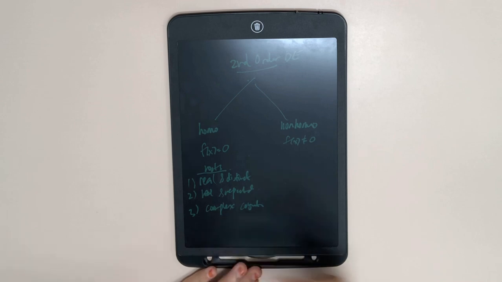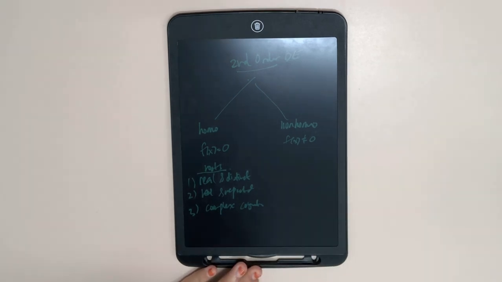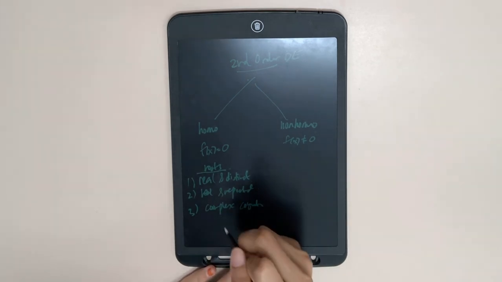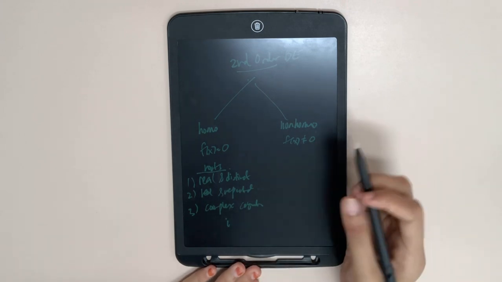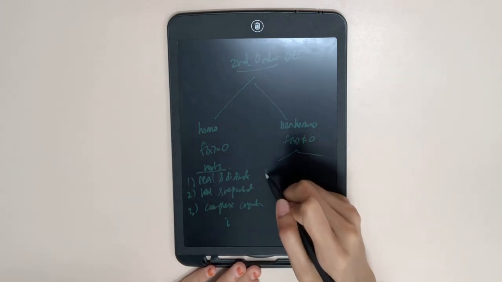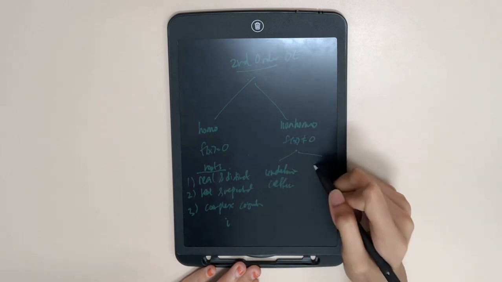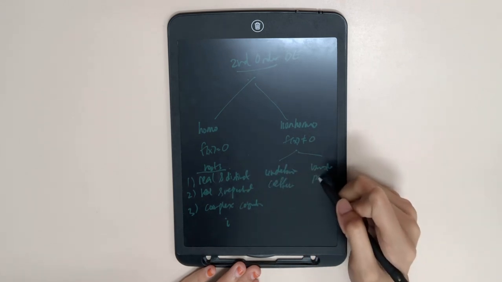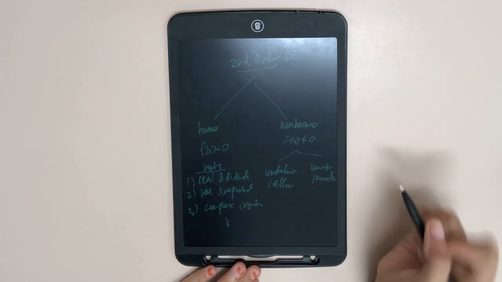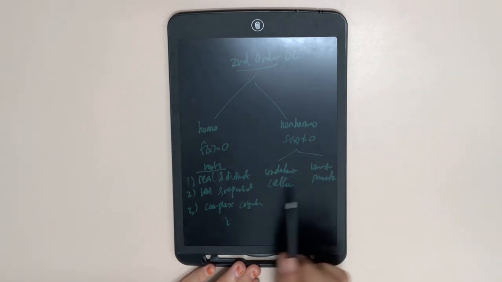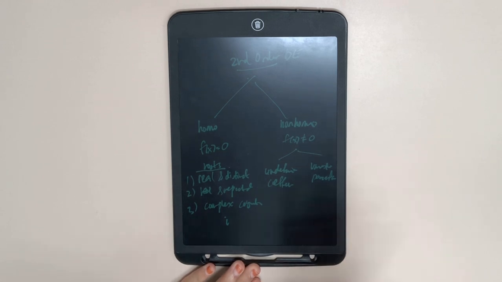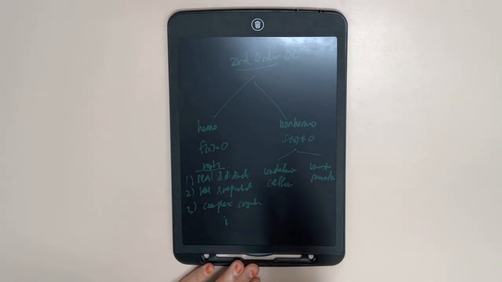The last one is complex conjugate, in terms of imaginary numbers, containing i. For non-homo there are two methods: undetermined coefficient, and the second one is variation of parameter. Make sure that you can differentiate between these two, the steps and the flow, and understand each of them.